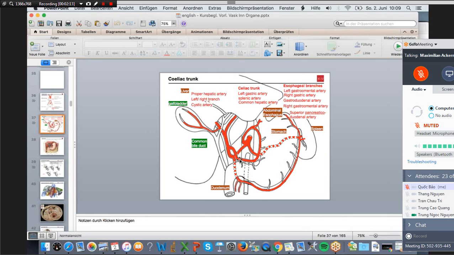You see that here. Some more words about the common hepatic artery: this is the proper hepatic artery, with the division of the left and the right, and then you find in the midline the cystic artery.